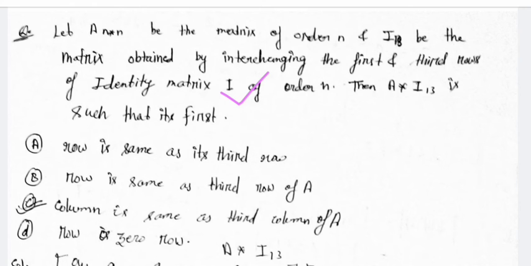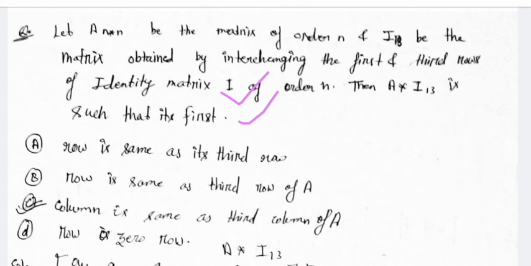Then A into I13 is such that its first, here are 4 options. Option A says the row is the same as its third row. Option B, the row is the same as the third row of A. Option C, the column is the same as the third column of A, and option D, the row is a 0 row.